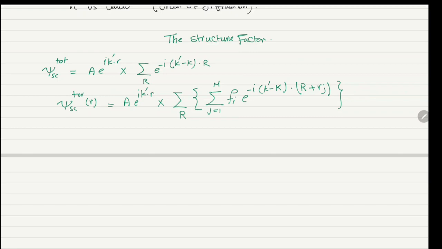In such a way, the atoms associated with a particular lattice point r can be taken as r plus r_j.